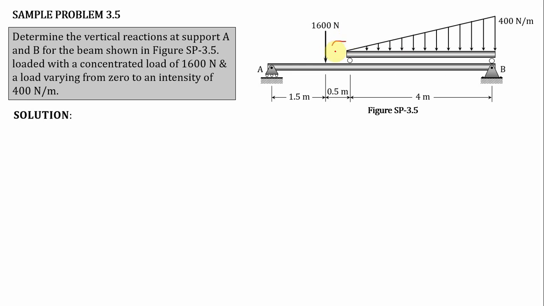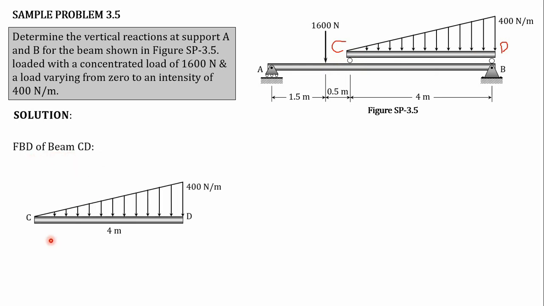Tawagin natin siya at C at D. So ito yung ating beam AB at beam CD. So, ang gawin natin, class, is mag-free body diagram muna tayo sa beam CD. Yung reaction at C is a roller, at yung support natin at D is a roller also.